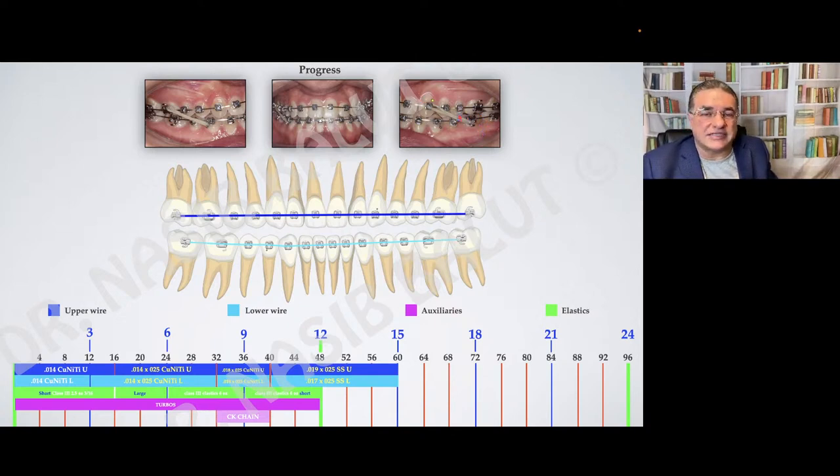Watch out with this. If you need to use asymmetrical intermaxillary elastics, like in this case, class 3 on one side, class 2 on the other, do it with heavy wires. Otherwise, you might end up with a tilt of the occlusal plane.